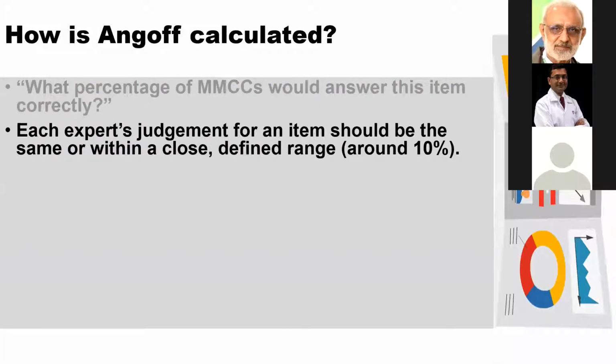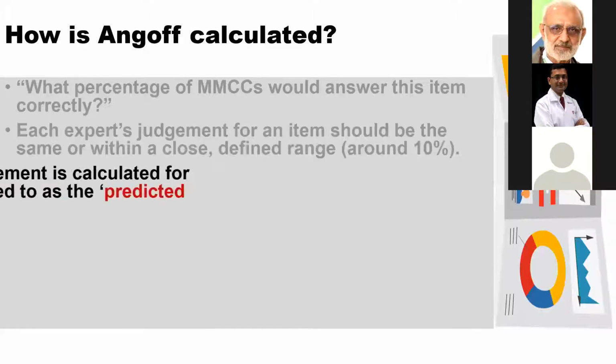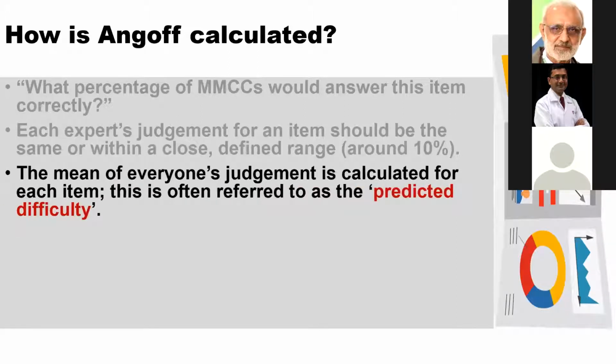Each expert's judgment for an item should be the same or within a close defined range. The difference could be up to around 10%. The mean of every judgment is calculated for each item. This is often referred to as predicted difficulty.